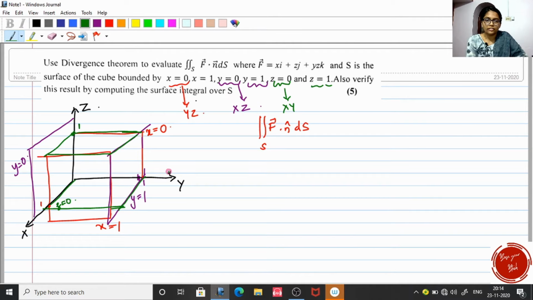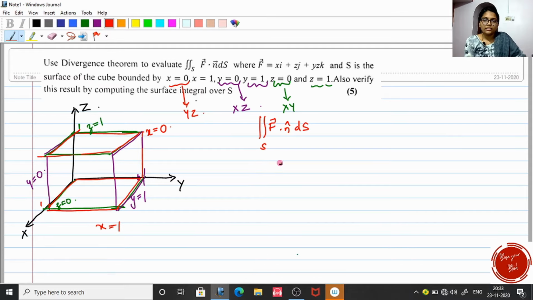So here is the cube, and let us draw this neatly, because for a cube there are 6 boundaries, isn't it? This is one boundary, second, third, fourth, 5 and 6 in the back and front. So let's start doing the integration. First of all, let us split this complete double integral over S into 6 surfaces.